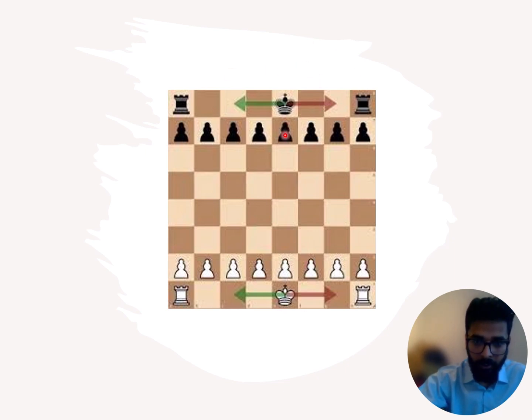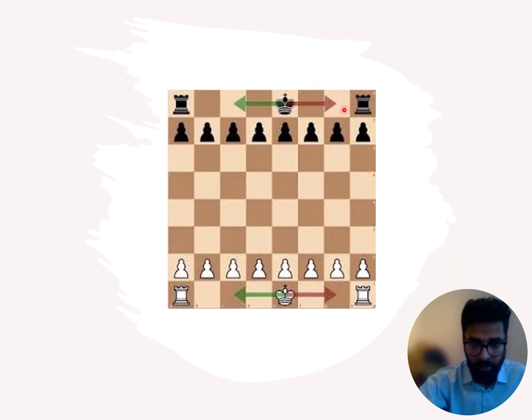If you see for castling, the king moves 2 squares. One is king side castling and the other is queen side castling. King side castling is this. Over here the king moves 2 squares to the right and the rook jumps over the king.